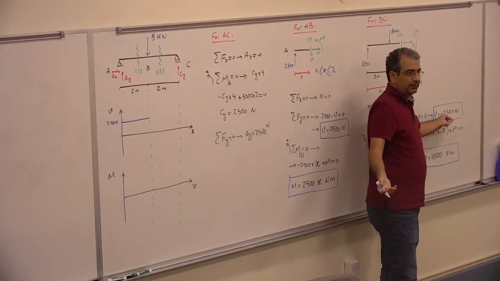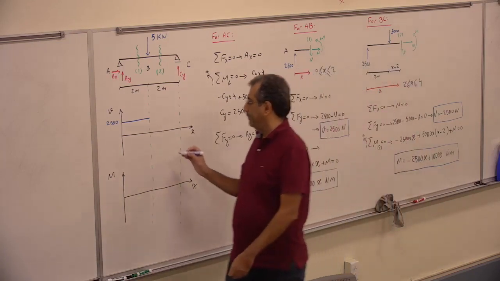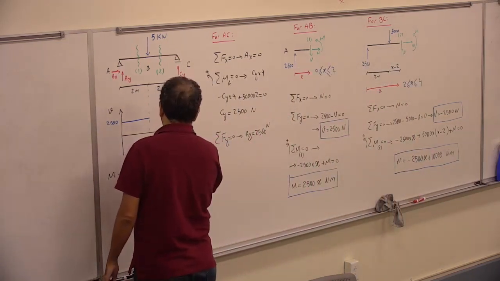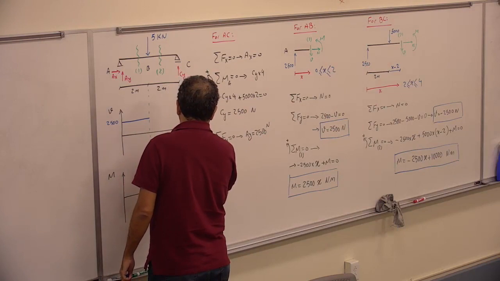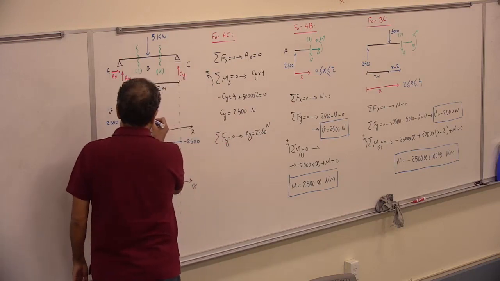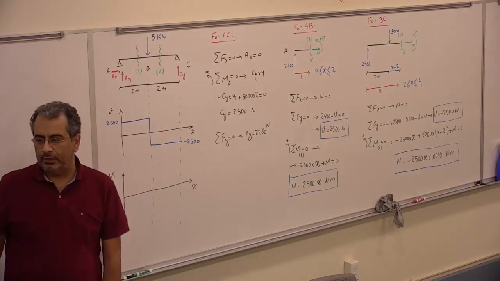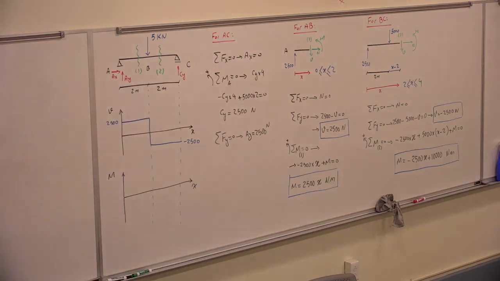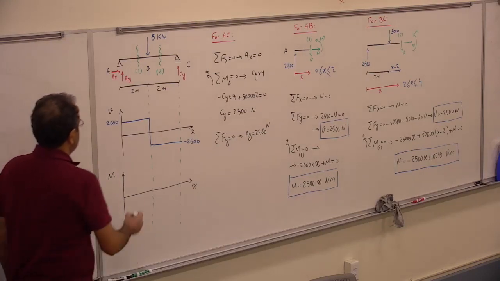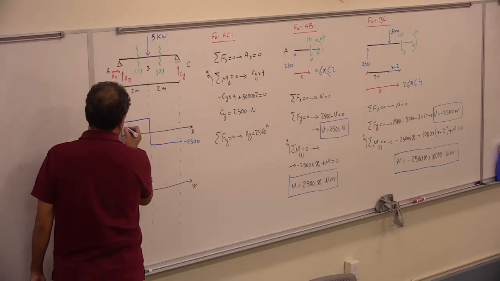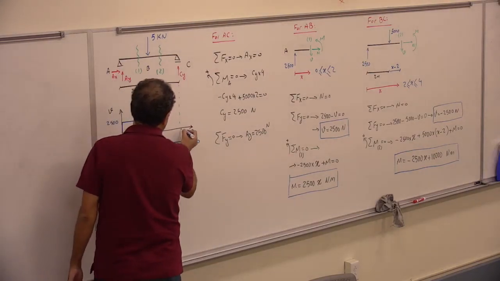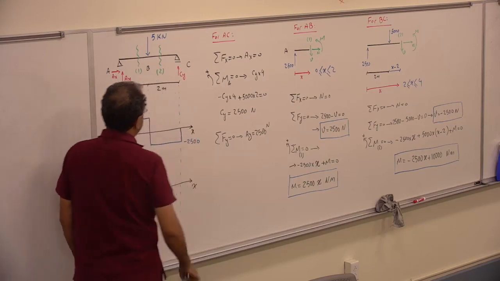Again, it's constant, it's not changing there. So that's going to be my plot for the V. Start from 0, there, there.